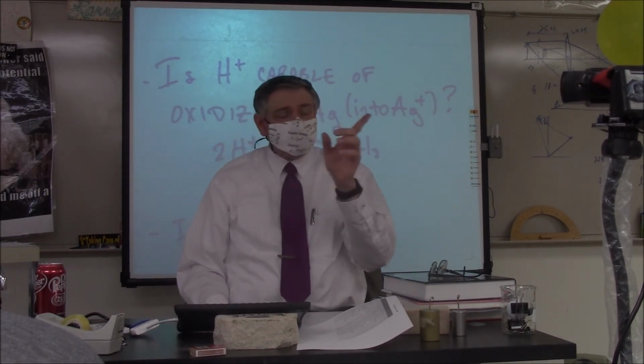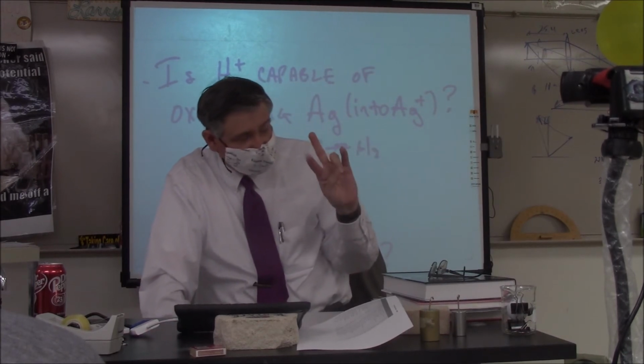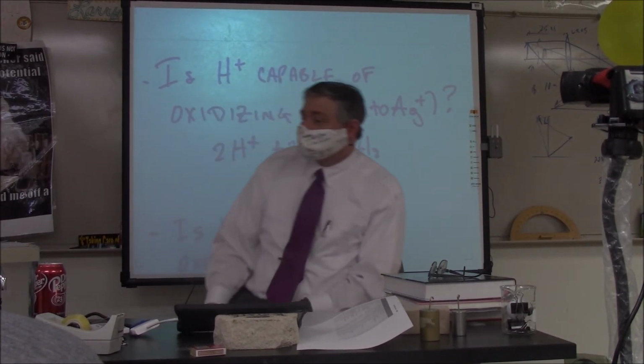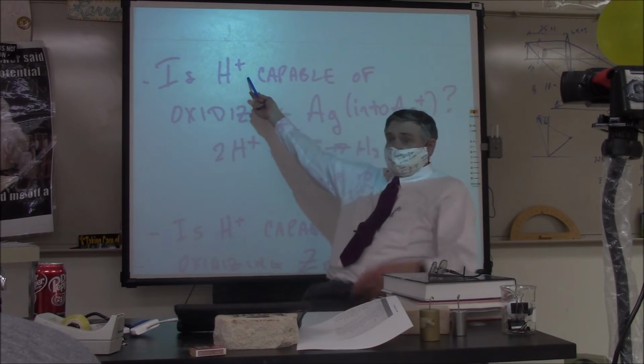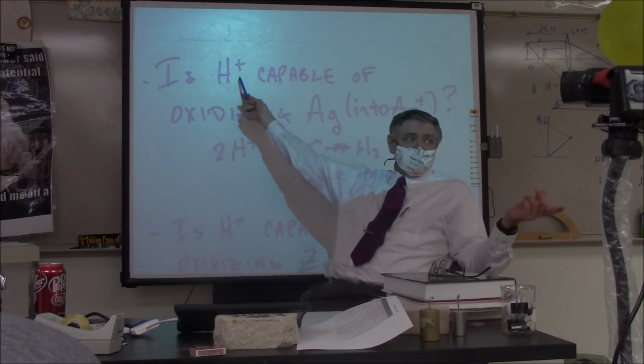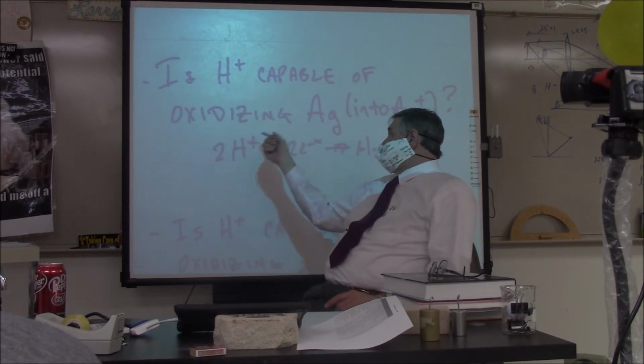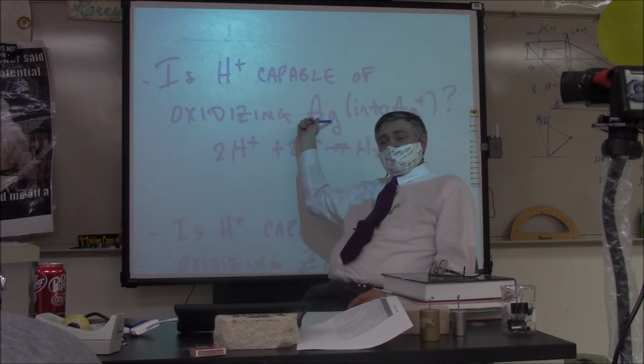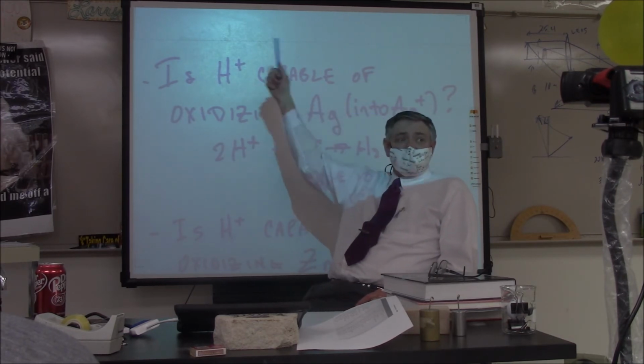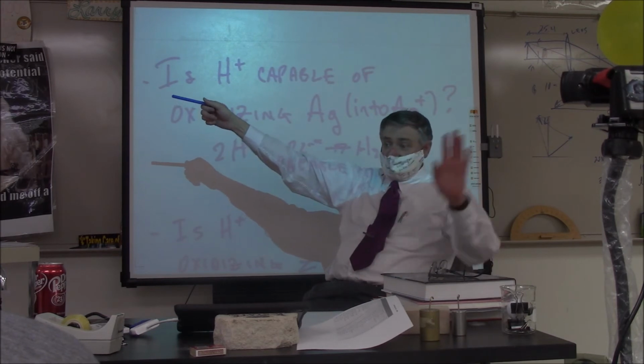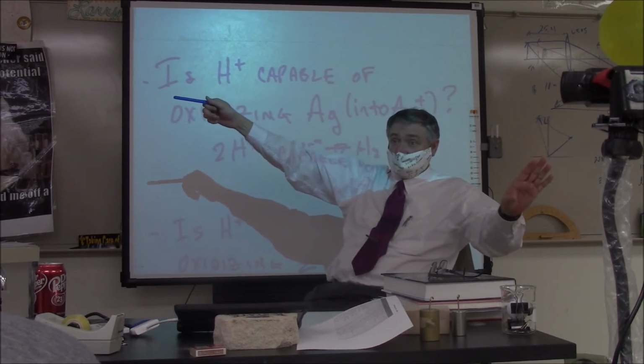So here's the fundamental question on the tug of war. Is this proton, and that's what it is, if you take a proton and put it beside silver, is that electron going to jump from the silver to the hydrogen? That's the fundamental question, okay?